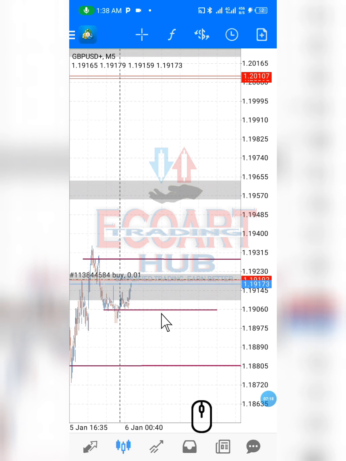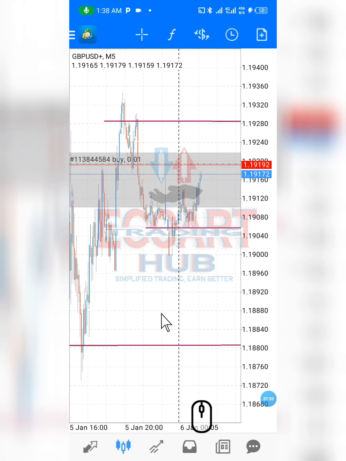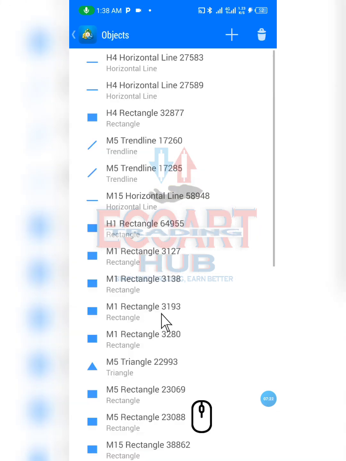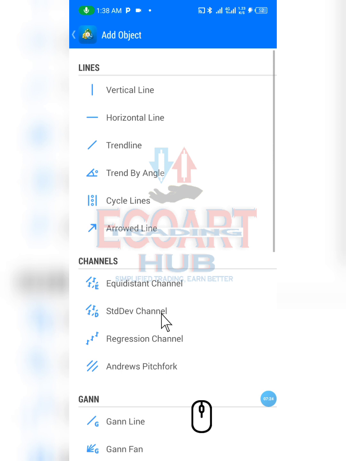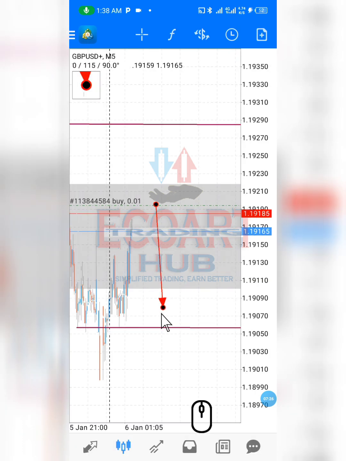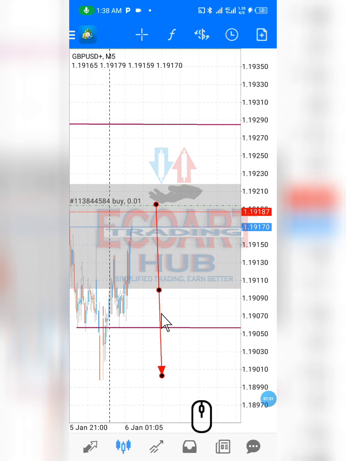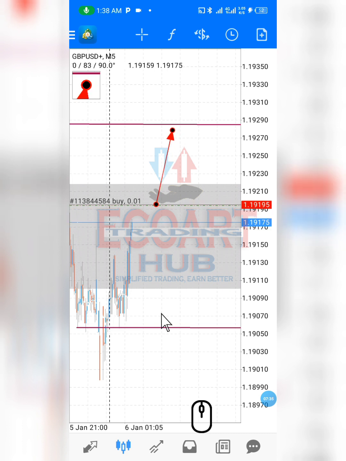So the best thing you do is you mark your stop loss. You confirm how many pips your stop loss is from those points down to here. That's 19 pips. So I'm going to put my stop loss here, knowing fully well that at this point I will be exiting this trade.